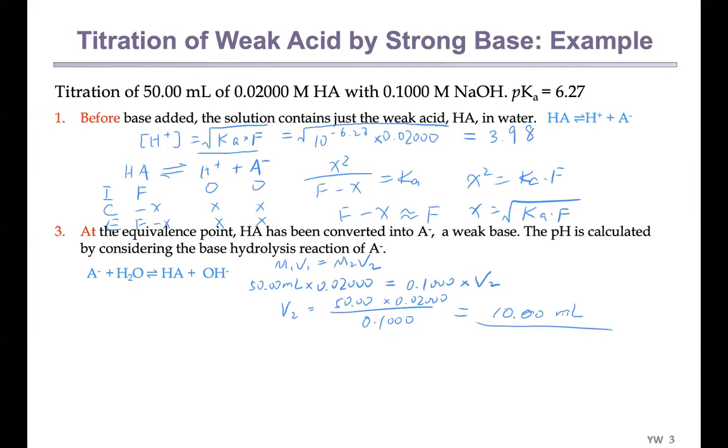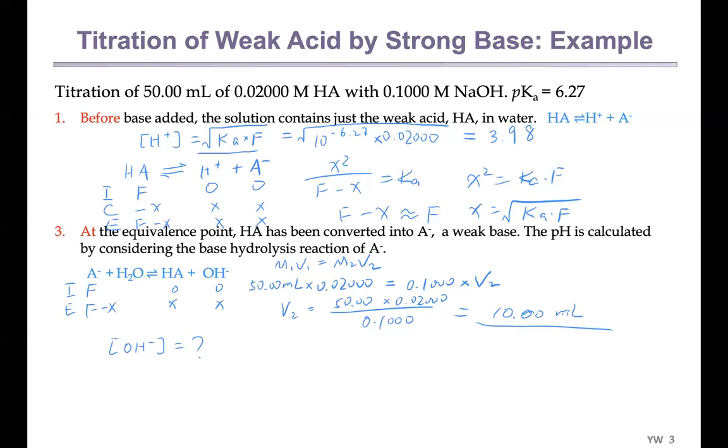Now the question is, how do you calculate the pH of a weak base system? So you will determine what OH minus is. We know that for this system, we can also set up the ICE, right? If you know the initial concentration, this is 0, 0, this will be X, X, F minus X at equilibrium.